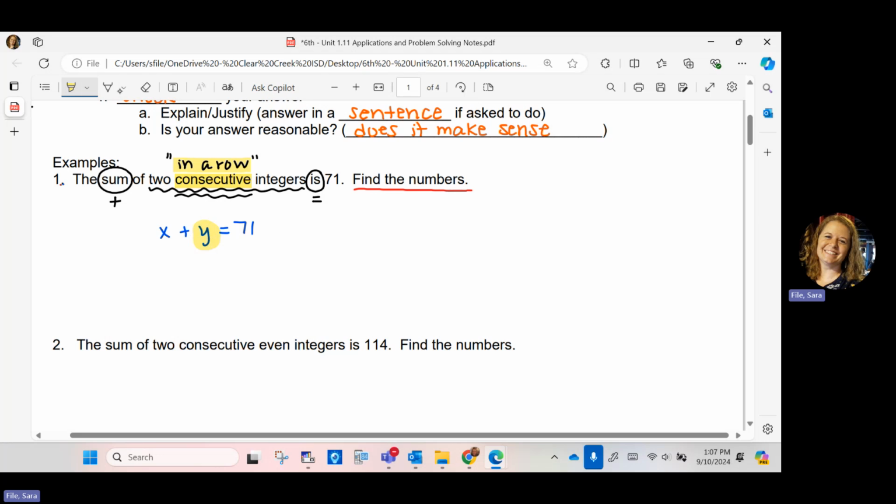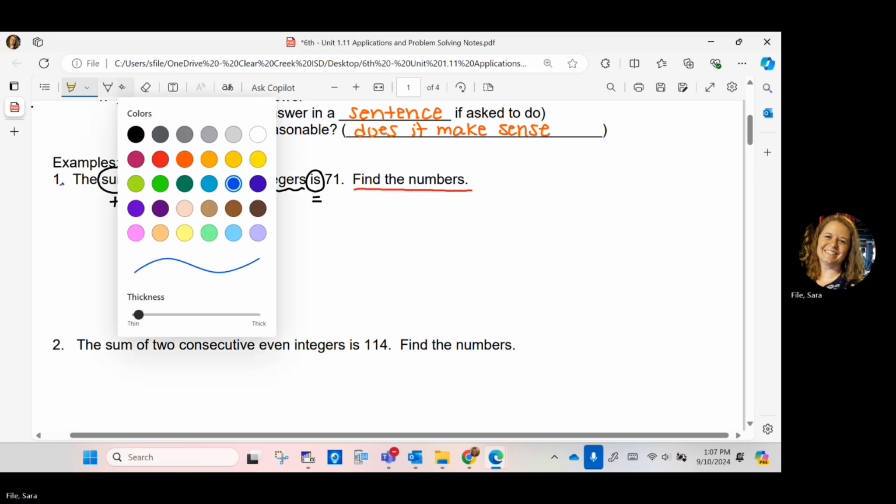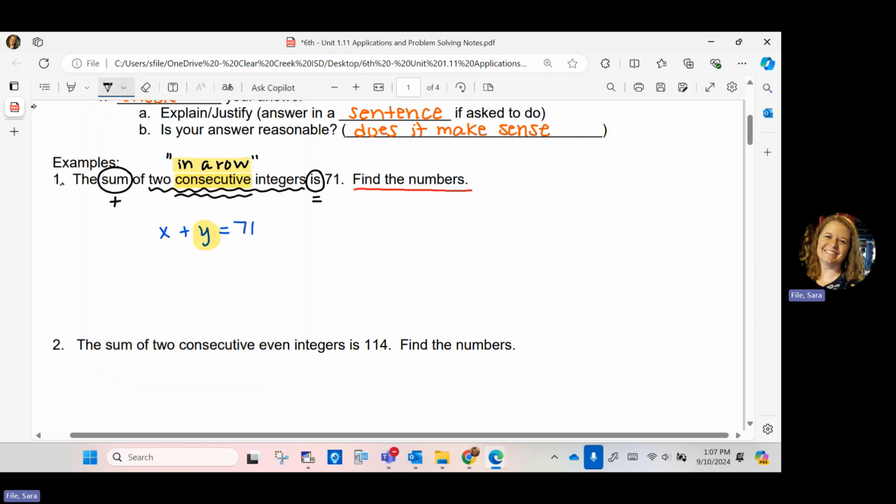Whatever my first number is, the second number, if they are consecutive or in a row, how much higher is the next number? What's one more? Okay, so consecutive means that this y should be one more than x. So I can replace that y with one more than x.